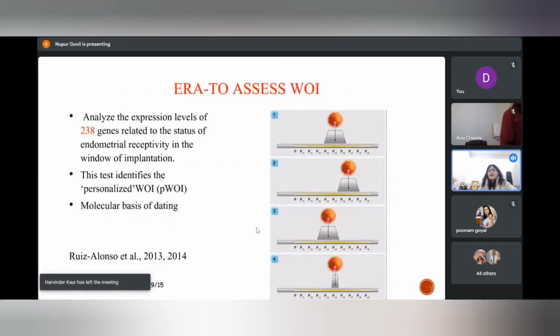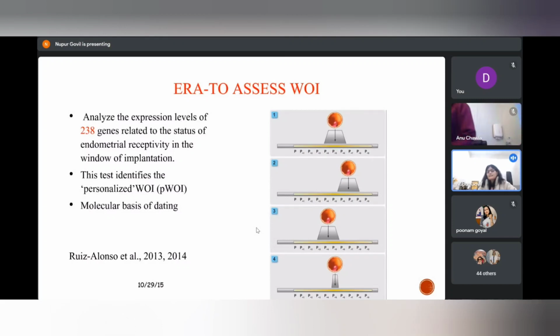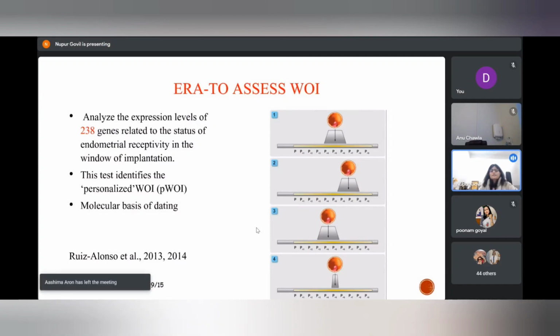Coming to ERA, we know it uses an array that analyzes the expression of 238 genes and identifies a personalized window of implantation.